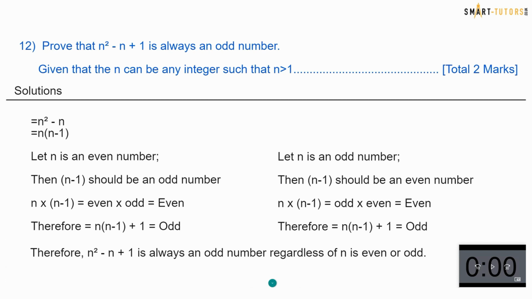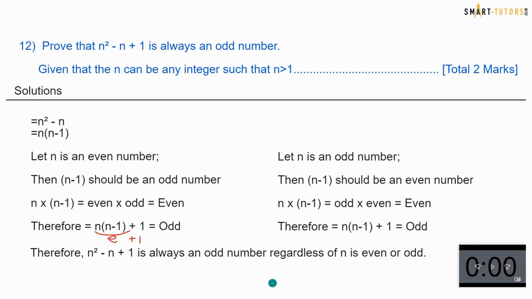You can put some numbers in your head just to work it out. Even number times odd number is always an even number. Therefore, n times n minus 1 is an even number, plus 1. If you add 1 to an even number, it is always an odd number.